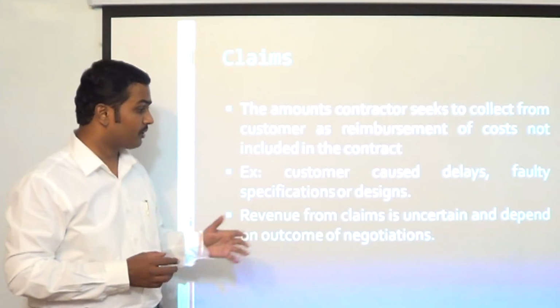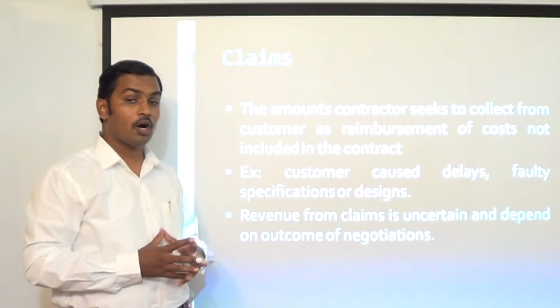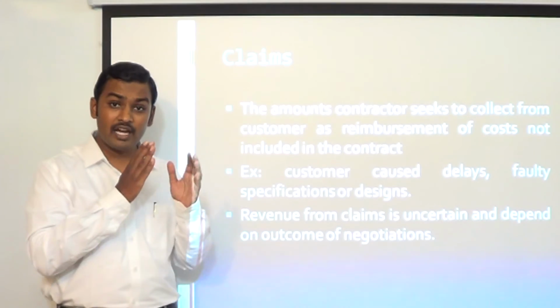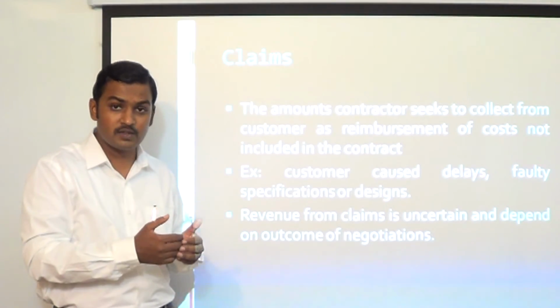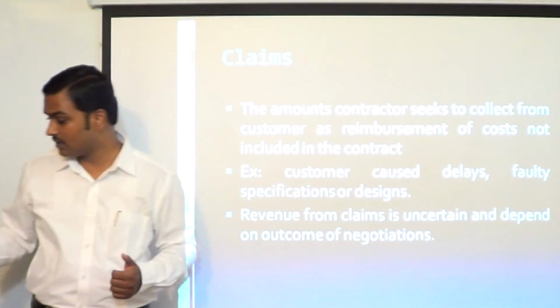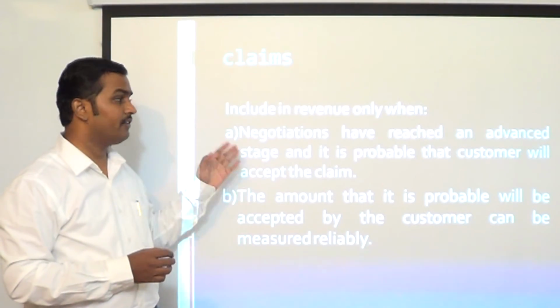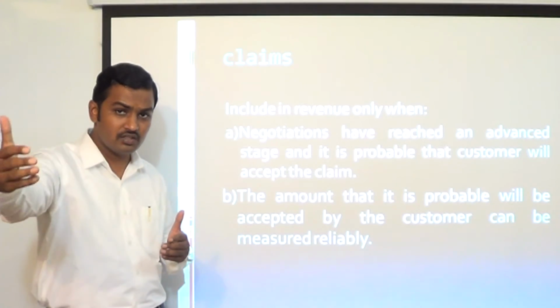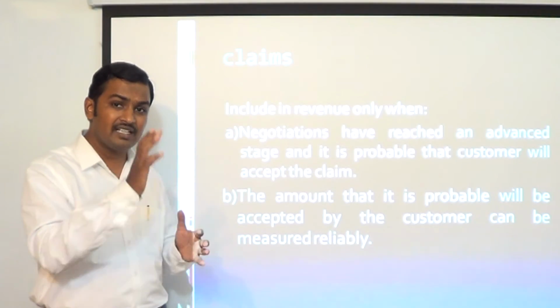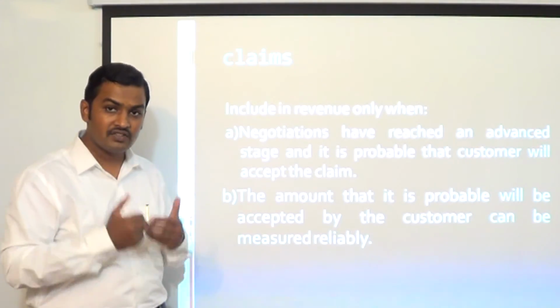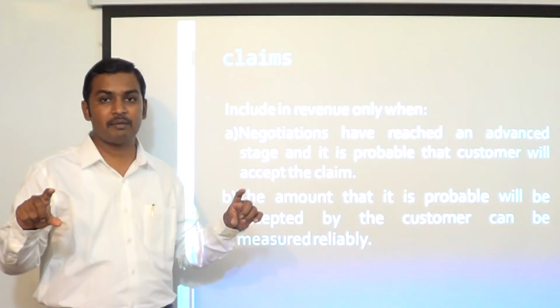Now, revenue from claims is uncertain and depends upon the outcome of negotiation. Hence, when can we recognize revenue from claims as part of contract revenue? We can include claims as part of contract revenue only when negotiations have reached an advanced stage with the customer and it is probable that the customer will agree to the claim amount, and second, we are able to measure the claim amount reliably.